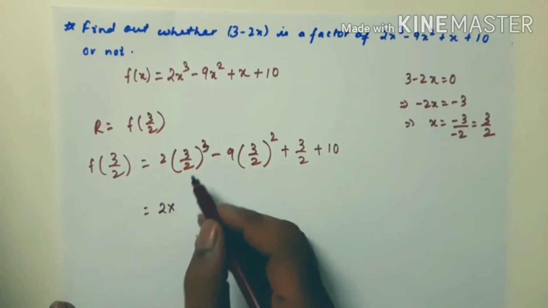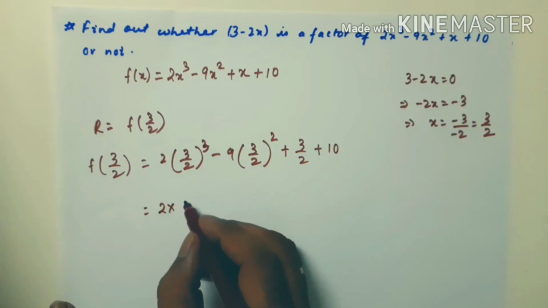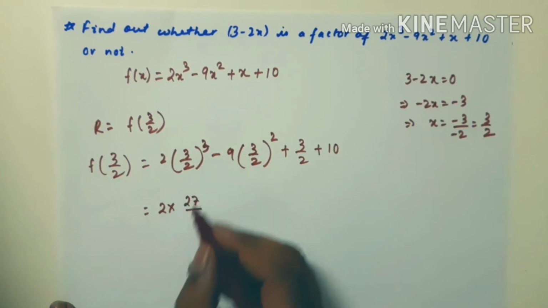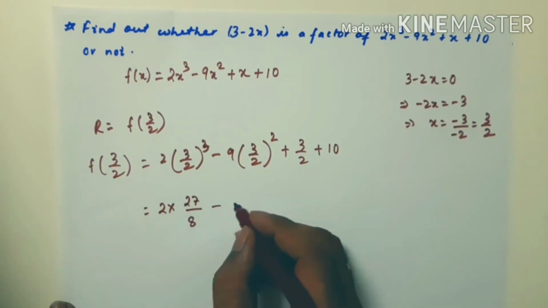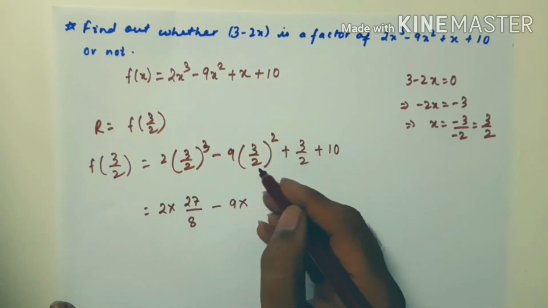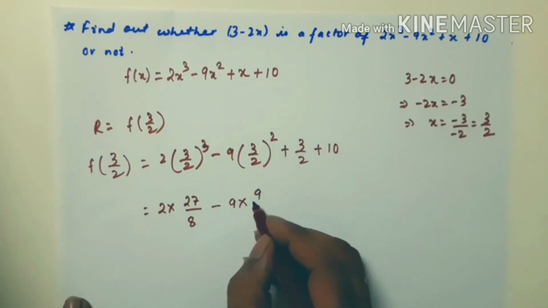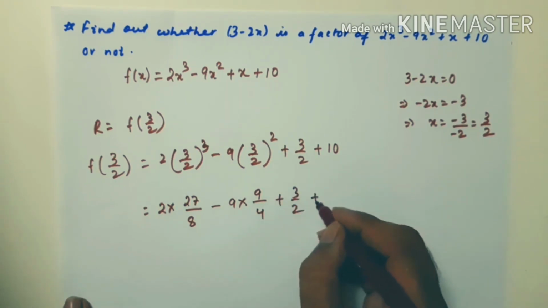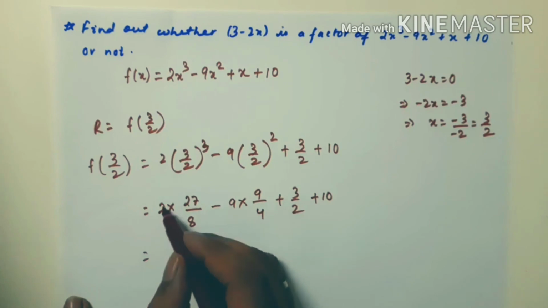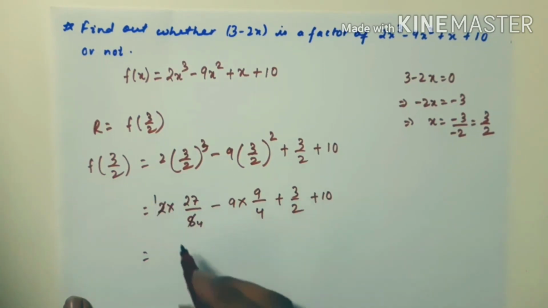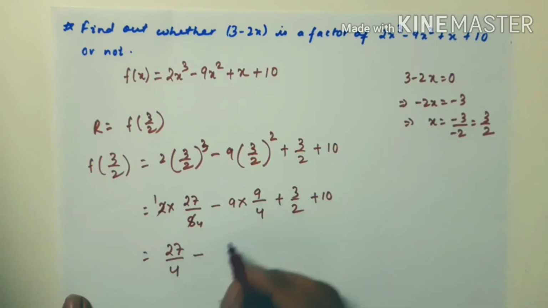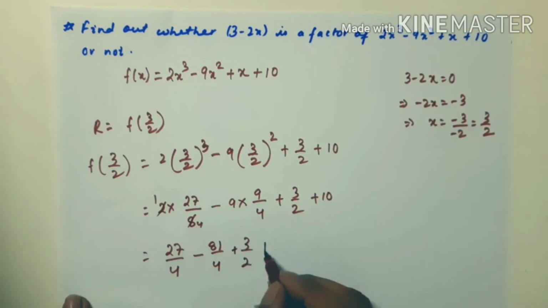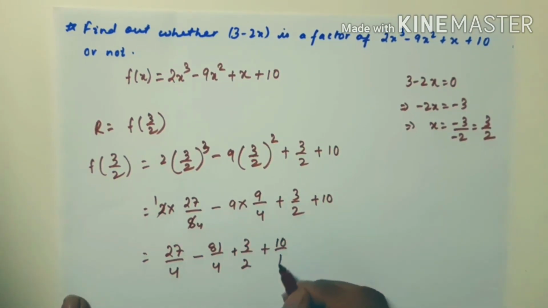So this becomes 2 into 3 cubed by 2 cubed. 3 cubed is 27, 2 cubed is 8, minus 9 into 3 squared by 2 squared. 3 squared is 9, 2 squared is 4, plus 3 by 2 plus 10. Now let's simplify it. 2 ones are 2, 4s are 8, so we get 27 by 4 minus 9 nines are 81 by 4 plus 3 by 2, and 10 we can write as 10 by 1.